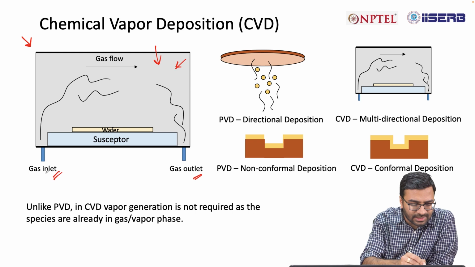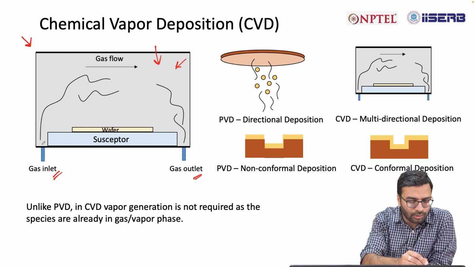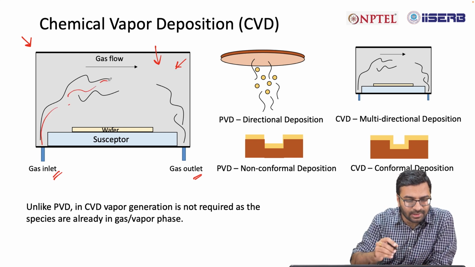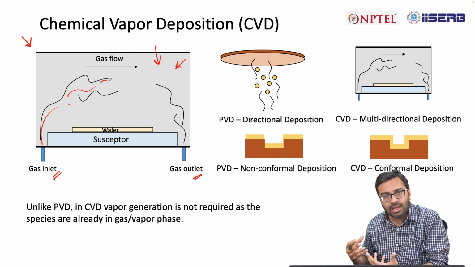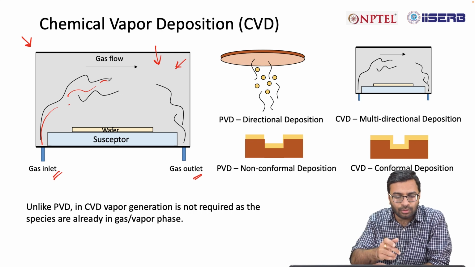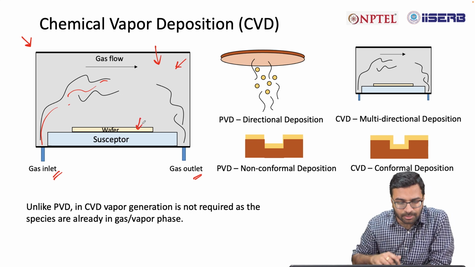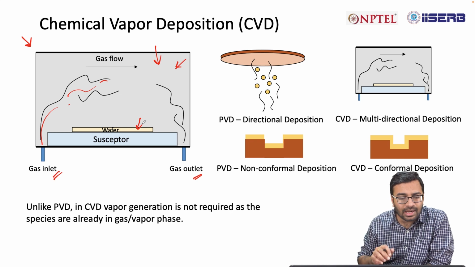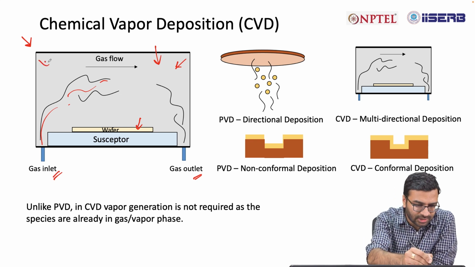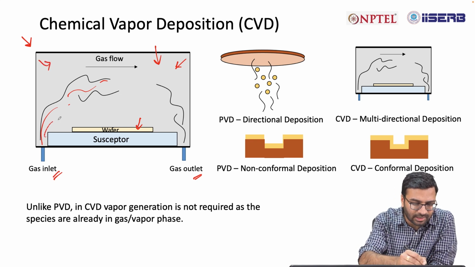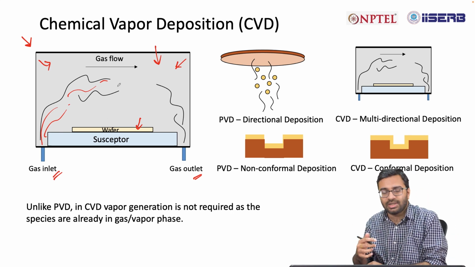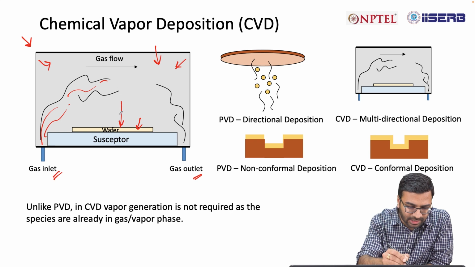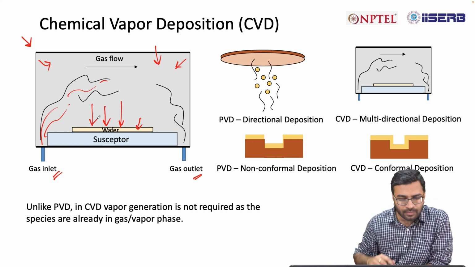The gas inlet is used to introduce gases, and we introduce multiple gases as per our requirement of what we want to deposit on a substrate. Here this is the substrate, and we maintain different conditions inside the chamber so that the different gases entering the chamber perform a reaction, and the desired material gets deposited on the wafer.